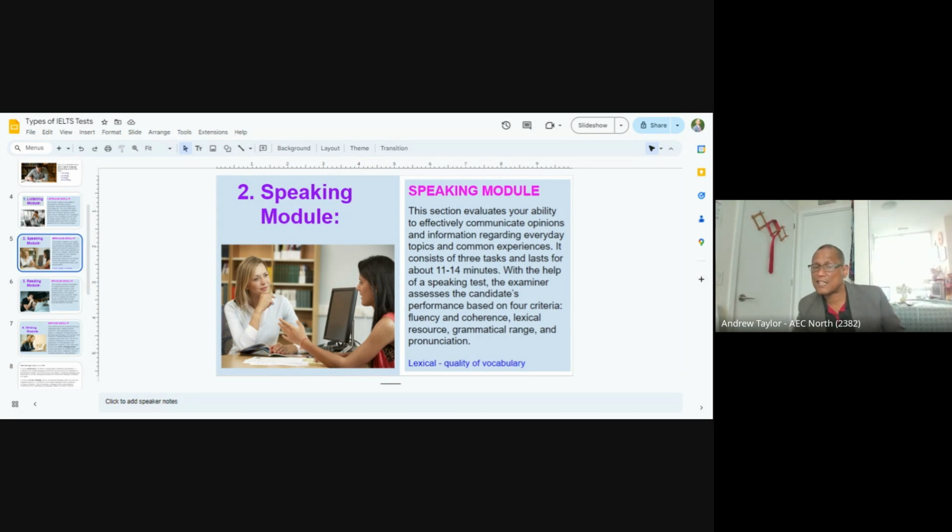Lexical resource. I typed lexical there because I think this is new to you. Lexical is the quality of your vocabulary. Remember, I told you on the first week of the class that they're monitoring the quality of your communication, your choice of vocabulary, not only choice of adjectives and adverbs, but also choice of grammar, like the way you're using grammar, because grammar can be simple, and people understand you.